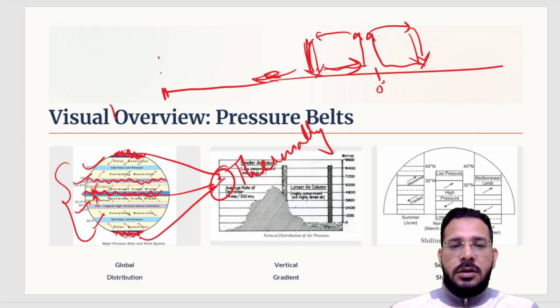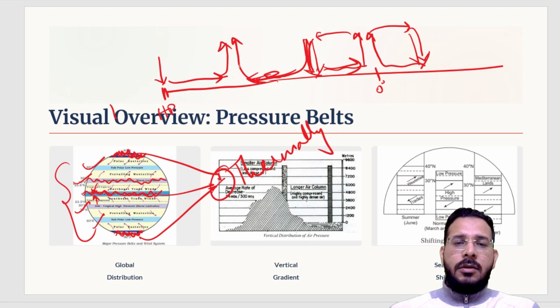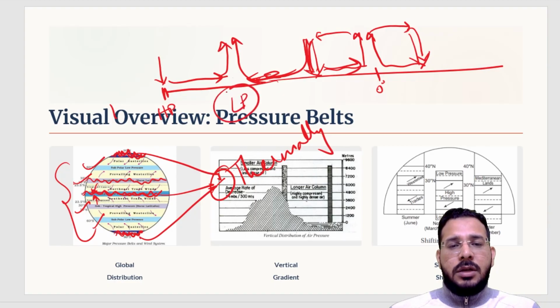This is the polar region. Here the wind is sinking because of high pressure. Here also the sinking air is coming towards this direction. Both will converge here, and here the air will rise, because of which there will be low pressure. So here we have subpolar low pressure.